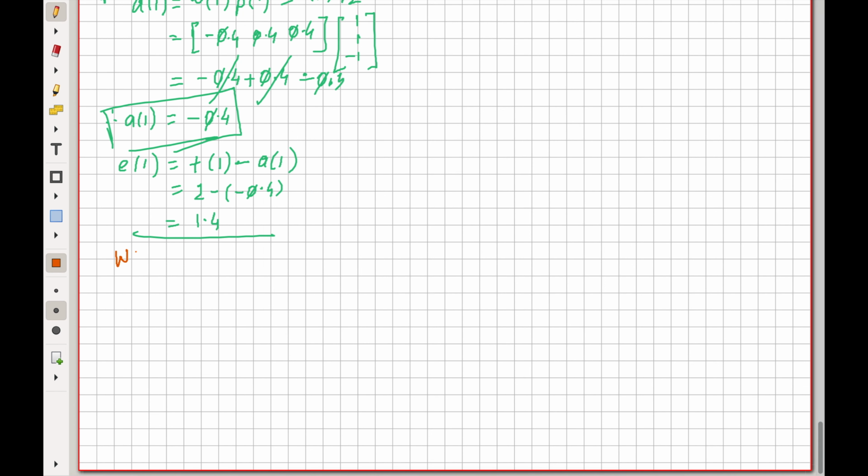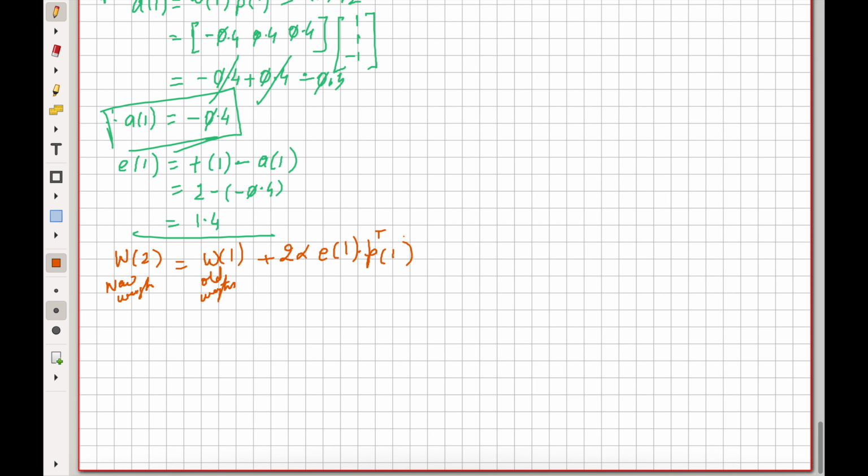We say W2, the new weights, is equal to W1, which now becomes the old weights, plus 2 alpha E1 dot P transpose 1.